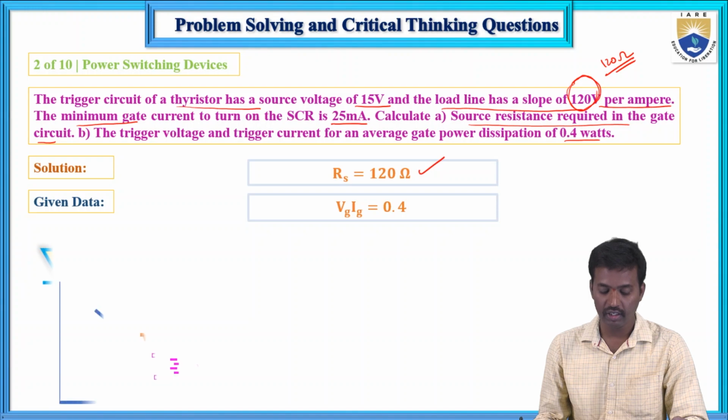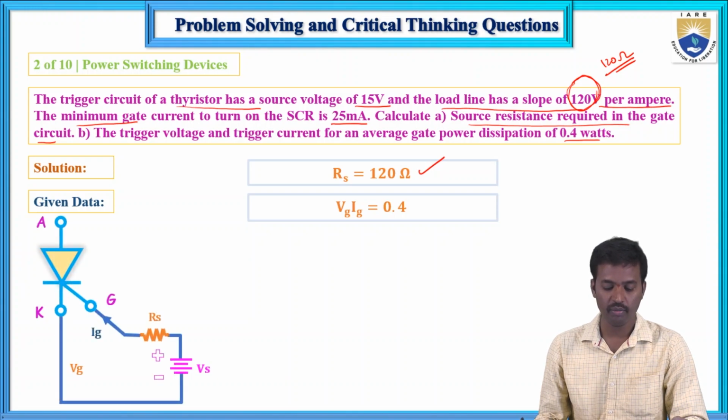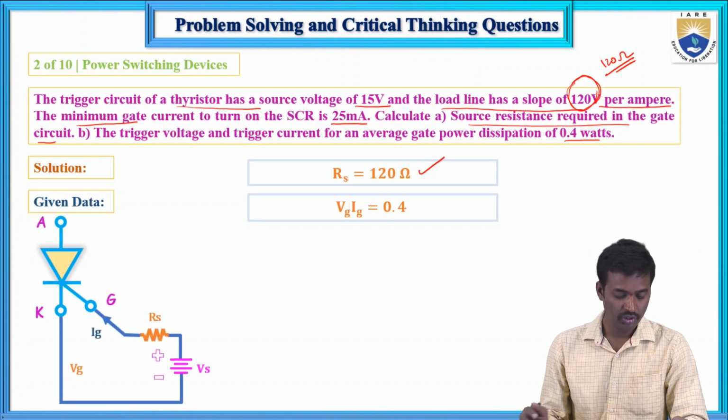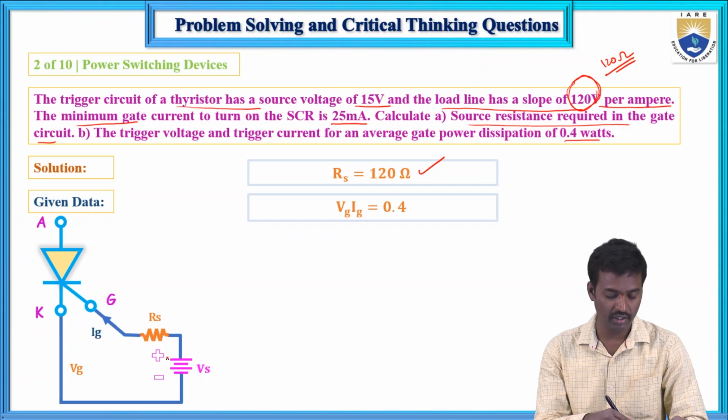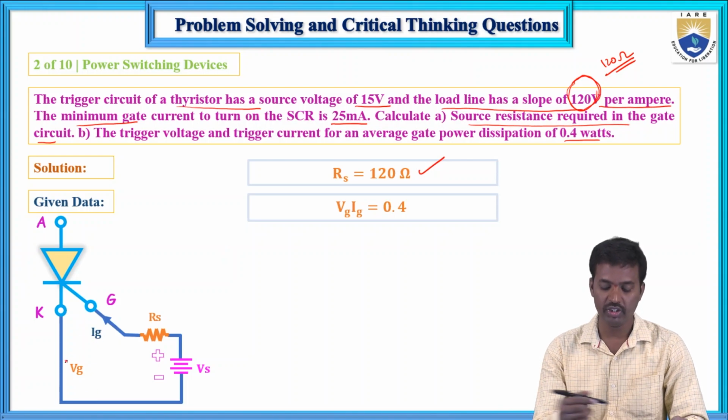Next, this is the circuit diagram, with the gate, anode and cathode. Here Rs is 120, and this is Ig and Vg. How will you calculate Ig and Vg?